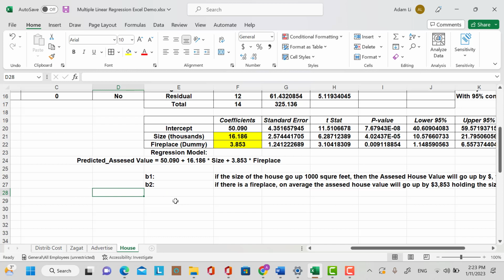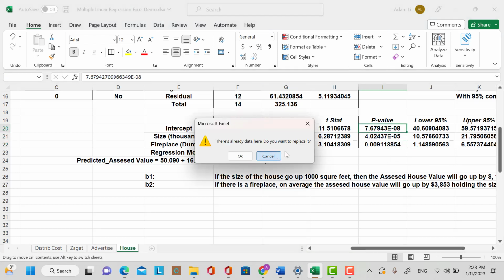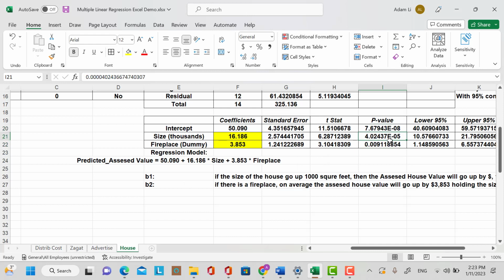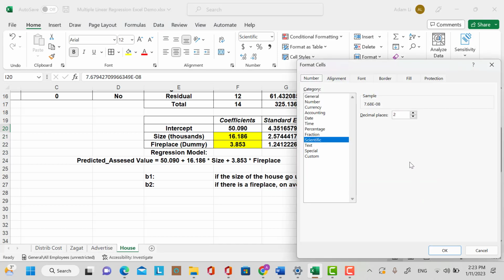And then also let's test the hypothesis. If you look at the p-values here, they are both very small. Let me highlight those two values and turn them into decimal numbers. Right click on it, format cells.